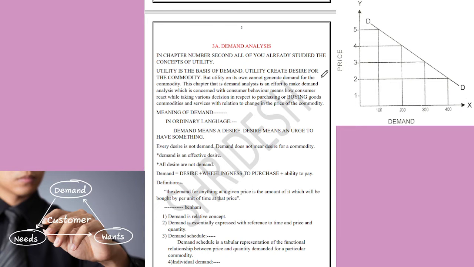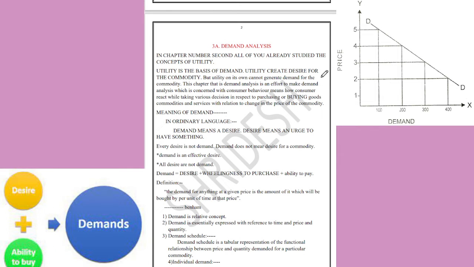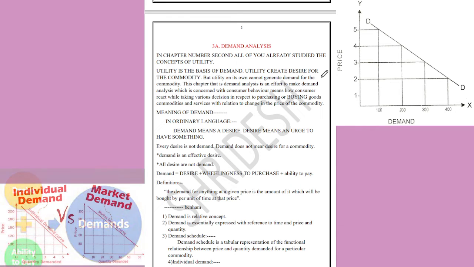But every desire is not a demand. Demand means not a mere wish for the commodity. So it is clear that demand is different from desire, as demand is an effective desire, but all desires are not demand.